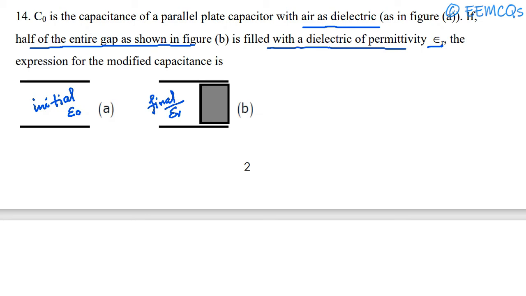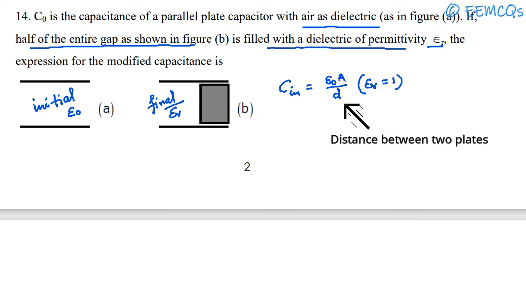Okay, so initially the capacitance is equal to epsilon 0 into A by D, because here for air as the dielectric epsilon r is equal to 1. And finally, when the half segment of the capacitor is filled up with a dielectric of epsilon r, what is happening here?